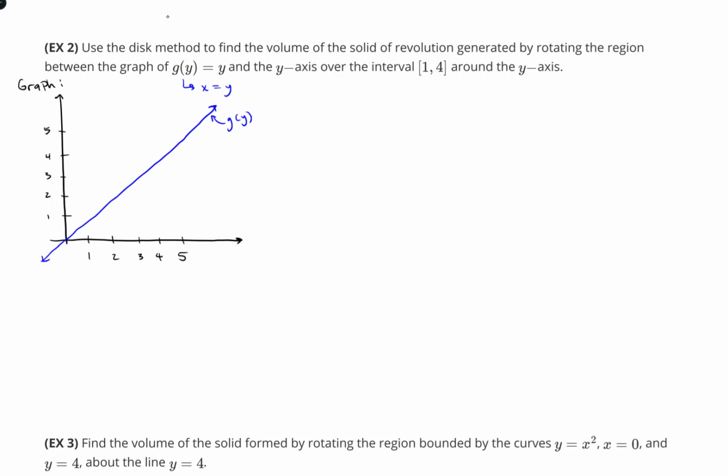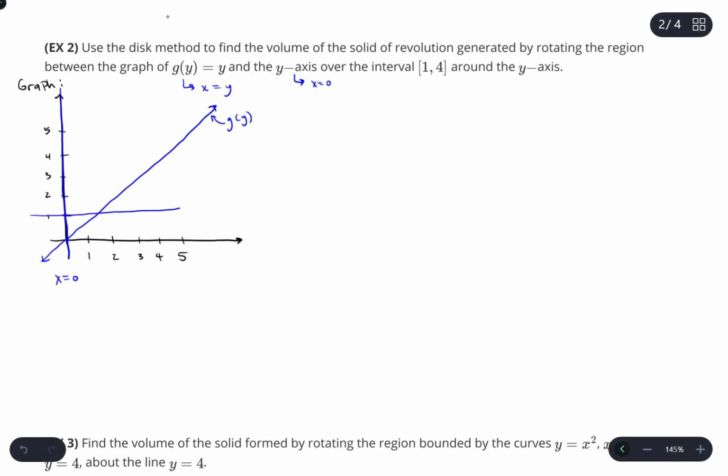We're bounded with the y-axis. The y-axis is, of course, x equals 0. And the interval 1 to 4 is going to be on the y, so this would be y equals 1 to y equals 4.